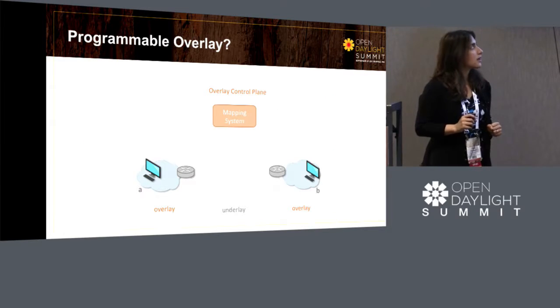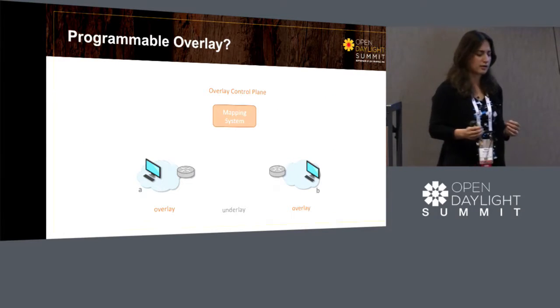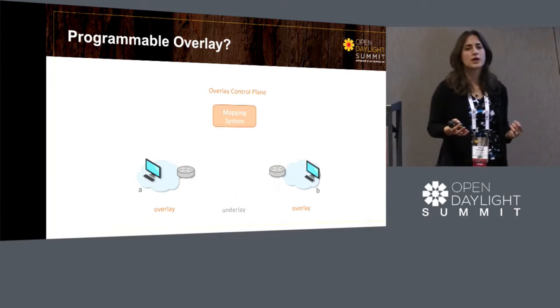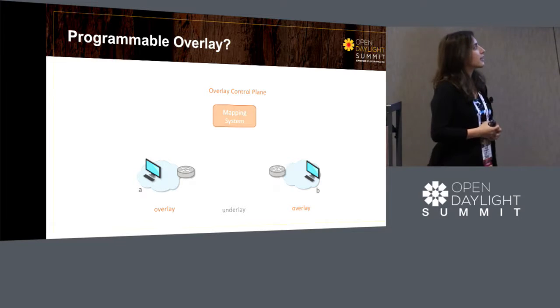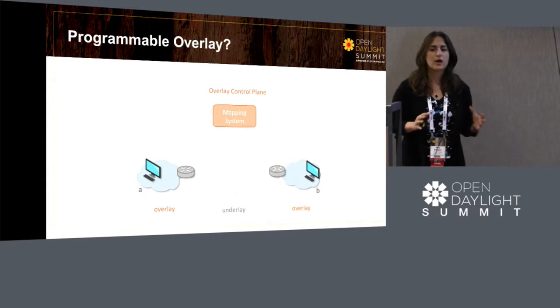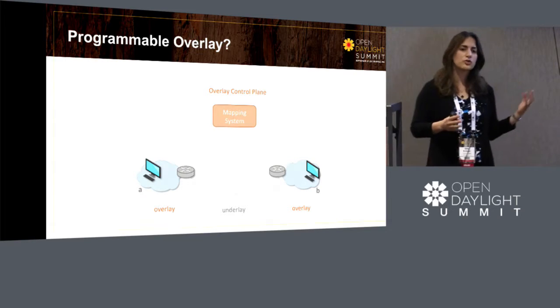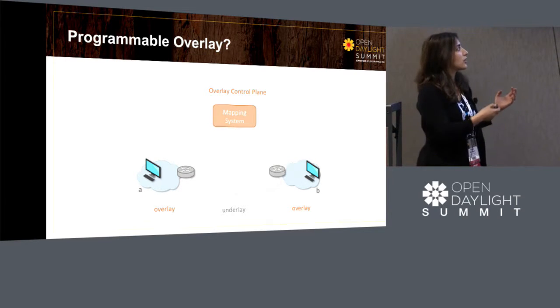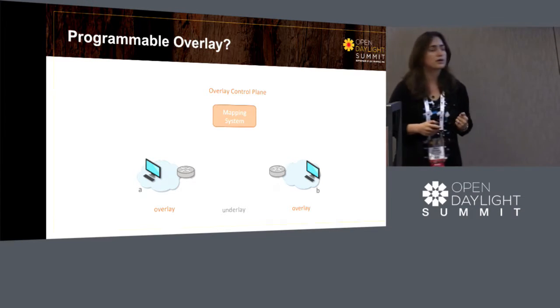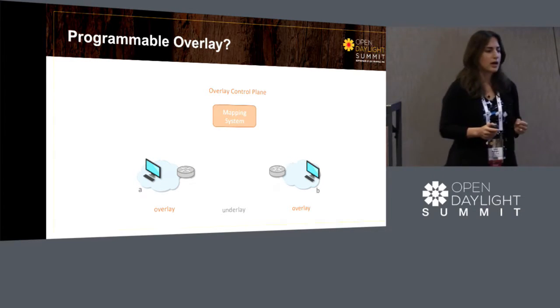Now, to see what we mean by multiple address spaces and, more importantly, data plane-driven control plane and various forwarding policies, I have a very simplified mock scenario here. Let's assume you have 2 enterprise branches, A and B, and they're connected using an underlay network.